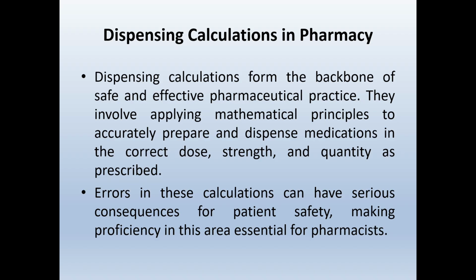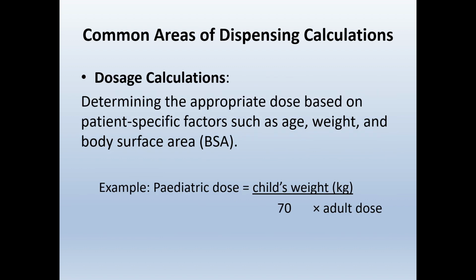If you don't have a good understanding of dispensing calculation, or you make errors in your dispensing calculation, it means that patient safety is at risk, right? So because of patient safety, proficiency in this area is essential for pharmacy technicians and pharmacists as well.